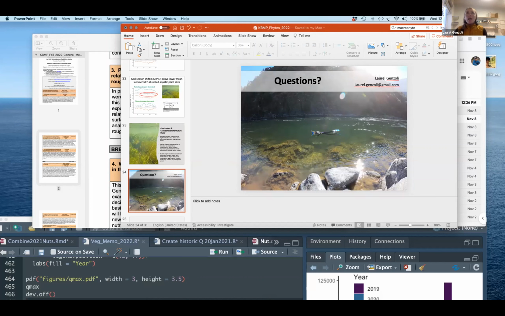Yeah, I think in part because there's a general idea that biomass doesn't always equate to rates of productivity anyways. And with macrophytes especially, they're growing up, they're establishing, and then they're kind of just sitting there. A lot of the production in the system is likely coming from epiphytes, like diatoms that are growing on top of the macrophytes, especially later in the season once that biomass is established.